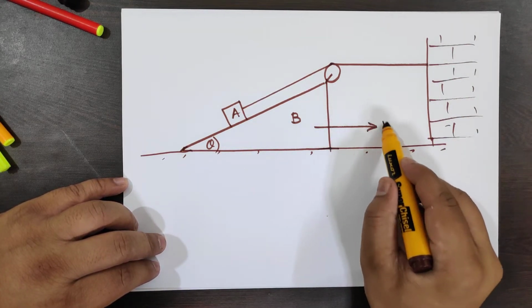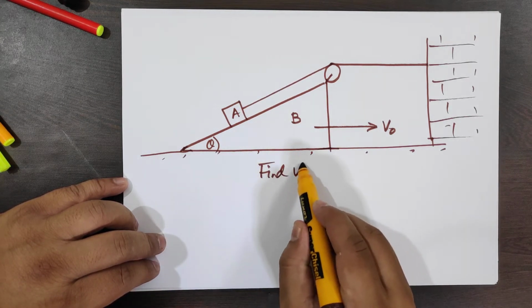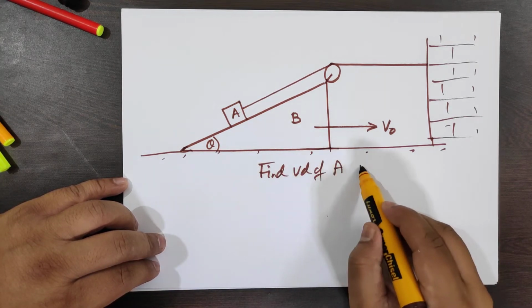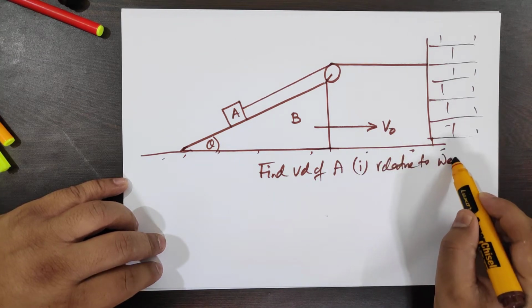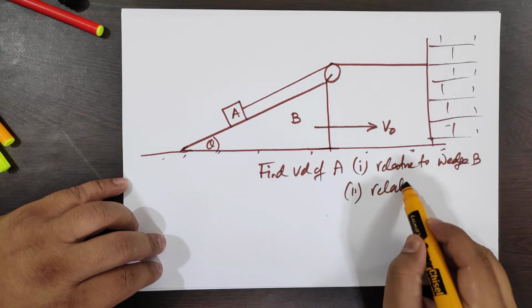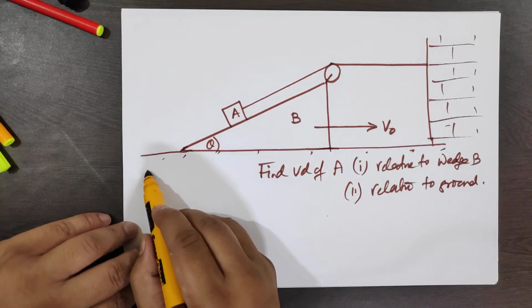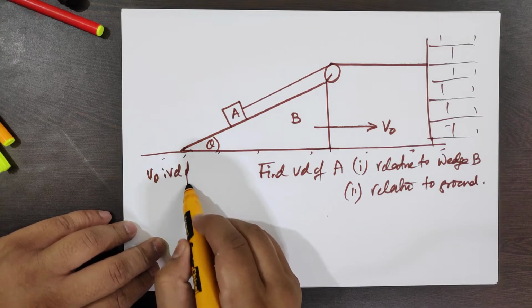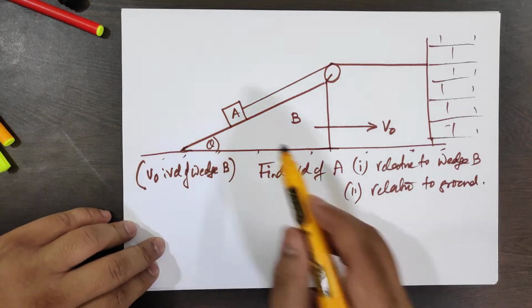Now this wedge moves with a velocity V naught. So find velocity of block A first relative to wedge B, second relative to ground. So it's given V naught is velocity of wedge B towards the right.